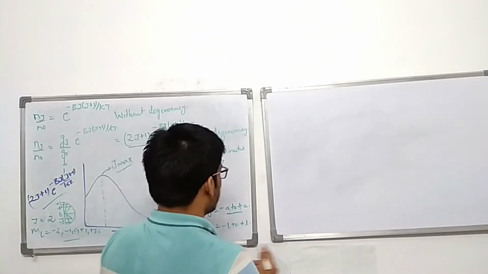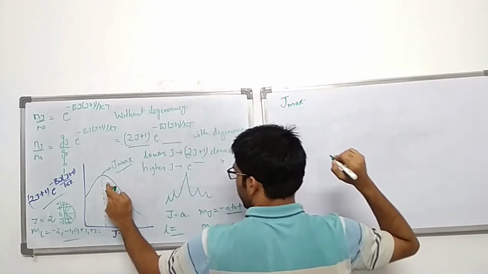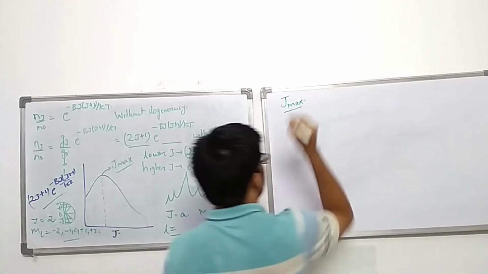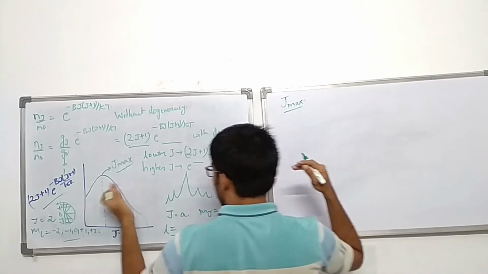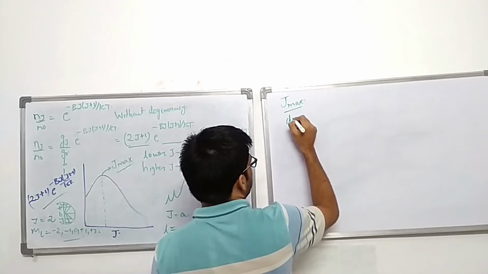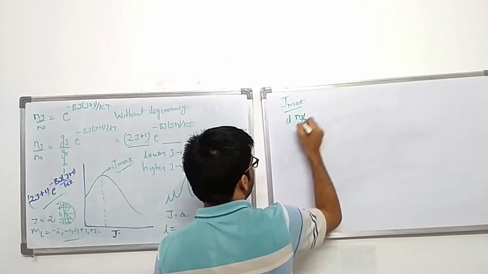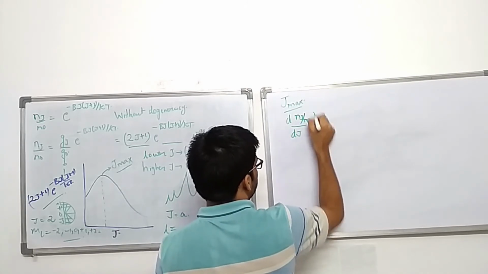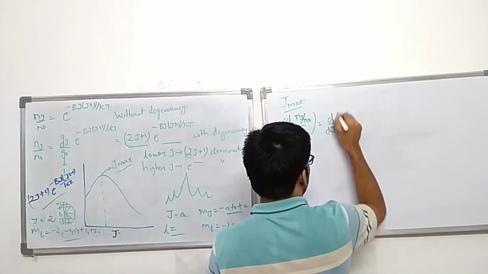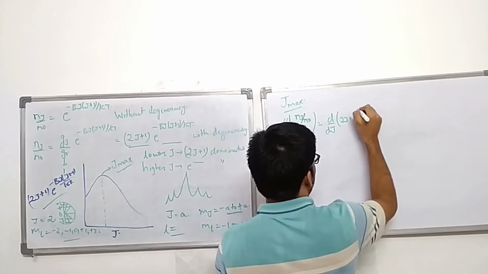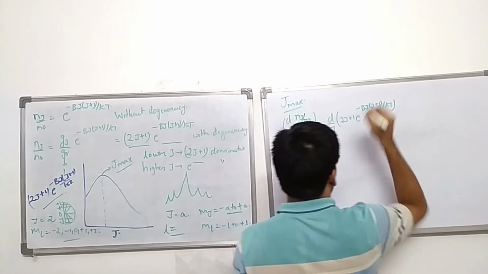Okay. Now let's find J max. We have found that there is one energy level which has a maximum population, and how can we find J max? Questions have come from J max. Now any maxima can be found by doing the first derivative. So we'll take the derivative of the population with respect to j. So that means d by dj of 2j plus 1 e to the power minus B j into j plus 1 by kT.